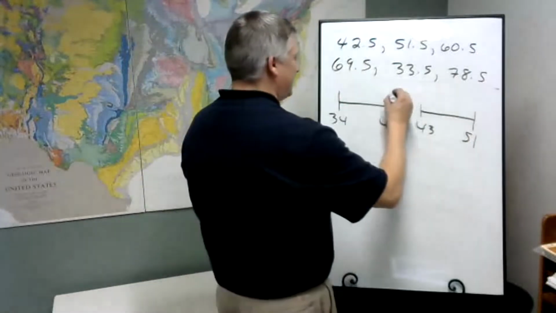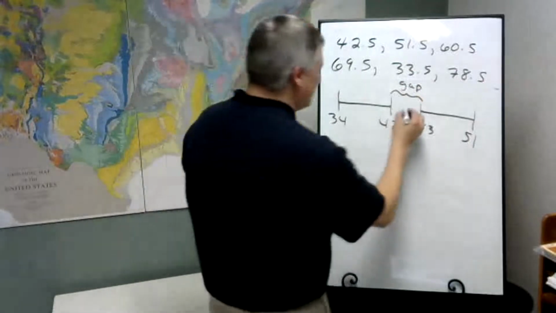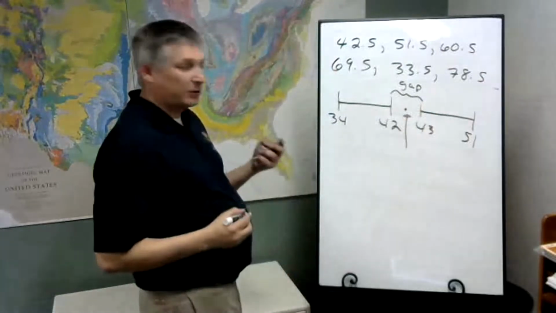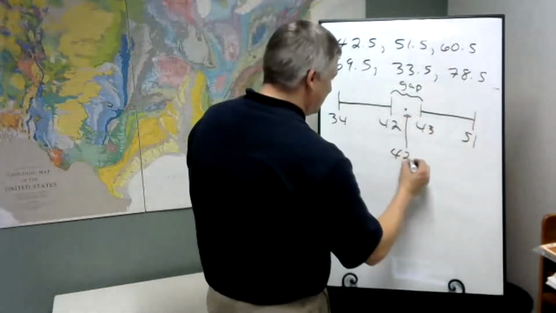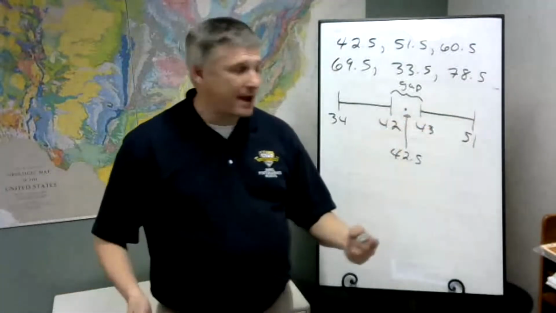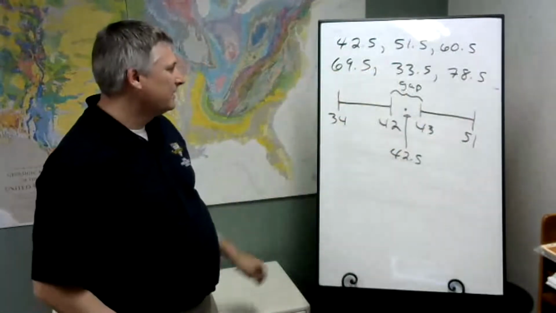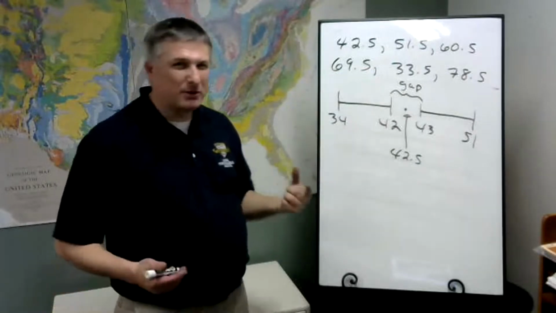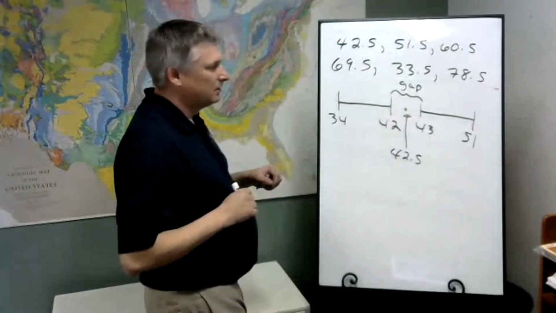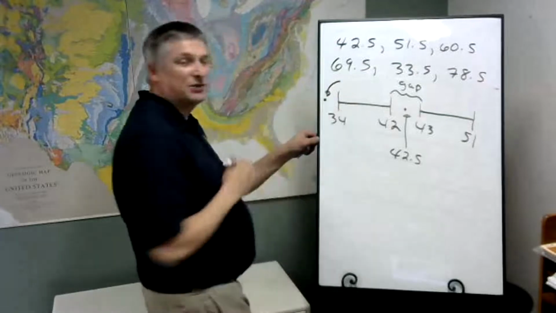So for example, if we take a look at this class, the gap is 1 unit across. The boundary point we're putting in the very middle. So the point between 42 and 43 is 42.5. And what we're going to see in this example, as well with the other gaps, it's 0.5 from 42, it's 0.5 from 43. So that suggests the boundary points are 0.5 away from the adjacent class limits. So this one will be 0.5 away from this adjacent class limit.